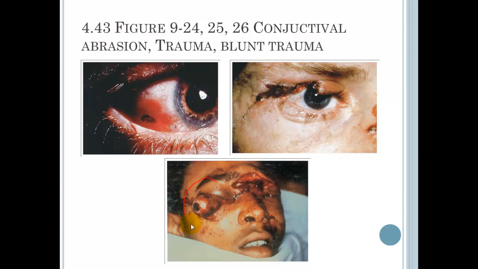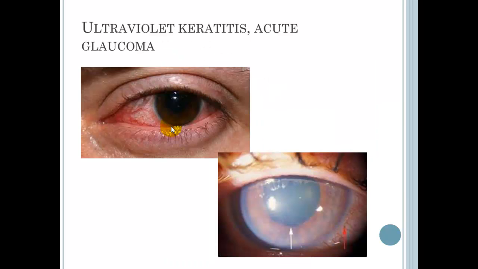Obviously down here at the bottom, this is blunt trauma. This would be an eyelid laceration or tear, and this would be a conjunctival abrasion that occurred here and actually caused some hemorrhage on the sclera. Ultraviolet keratitis and acute glaucoma.